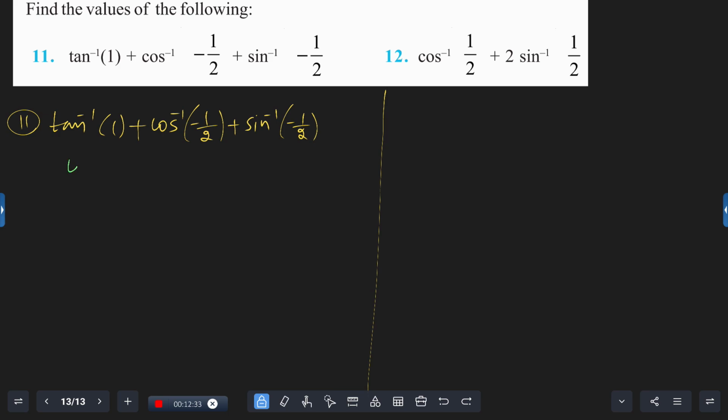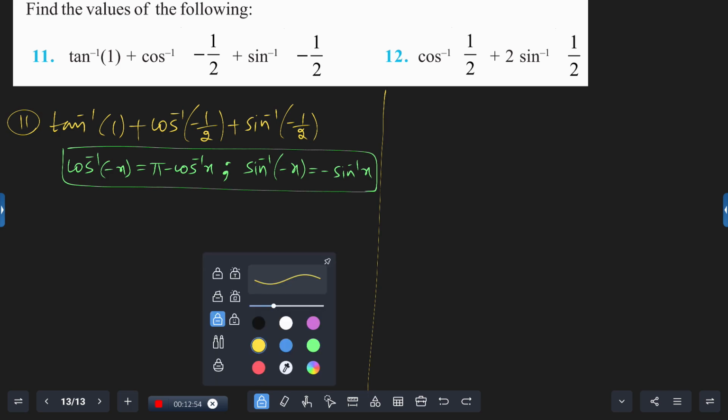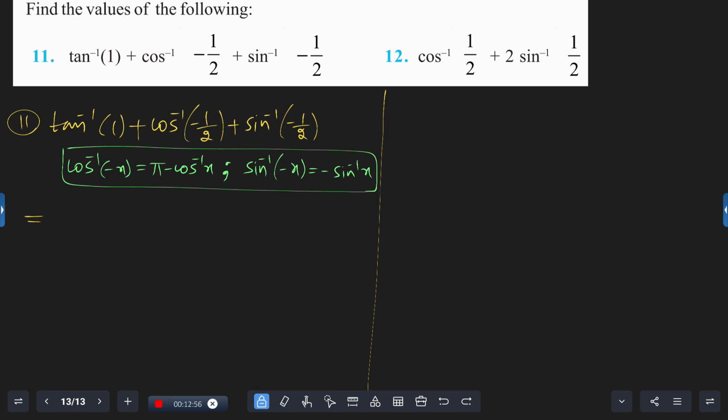Here we have cos inverse of minus x, the formula we know is pi minus cos inverse x, and one more formula: sin inverse of minus x is equal to minus sin inverse x. I am going to use these two formulas here. The remaining will be the normal trigonometric table. Okay, right, fine. So the answer will be tan inverse of 1.